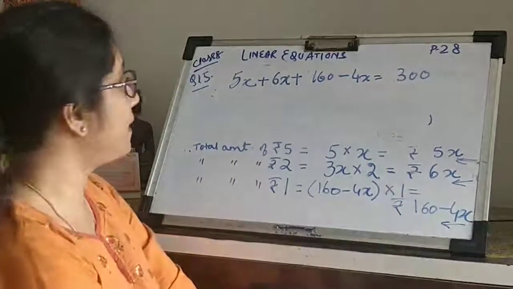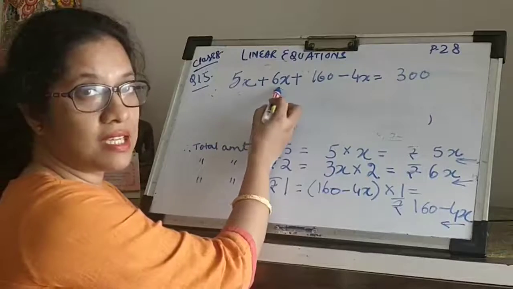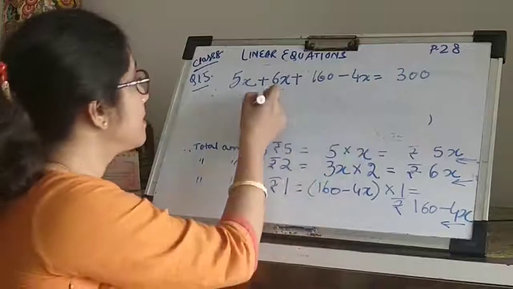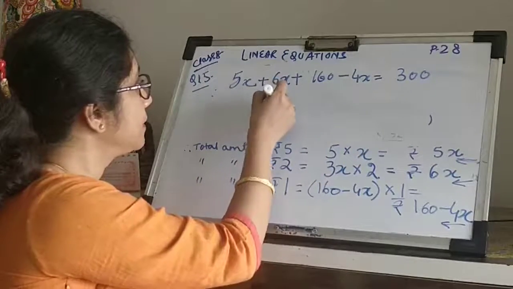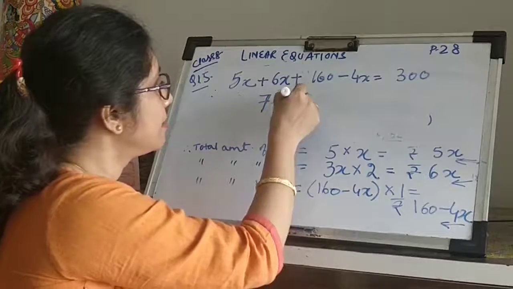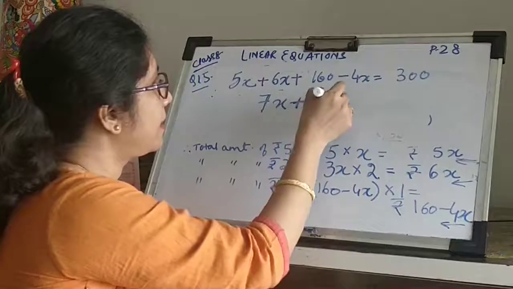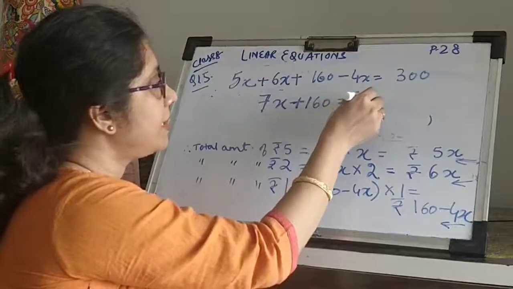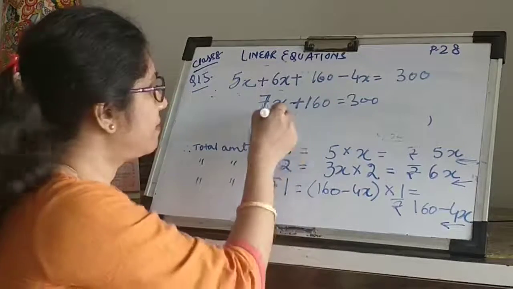Simple solving. 5 plus 6, 11. 11 minus 4, 7x. Okay. Plus 160 is equal to 300. Just solve it.